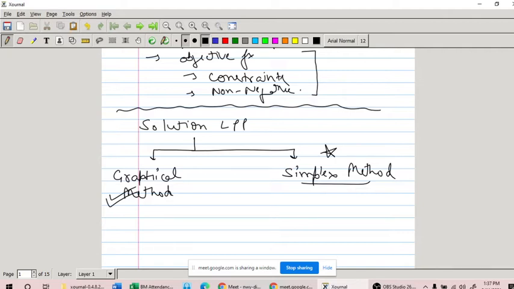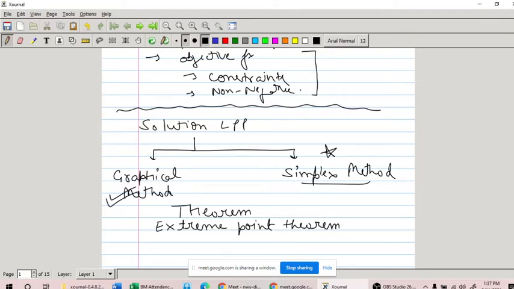So this method of solving an LPP is based on a theorem, and this theorem is called as extreme point theorem.